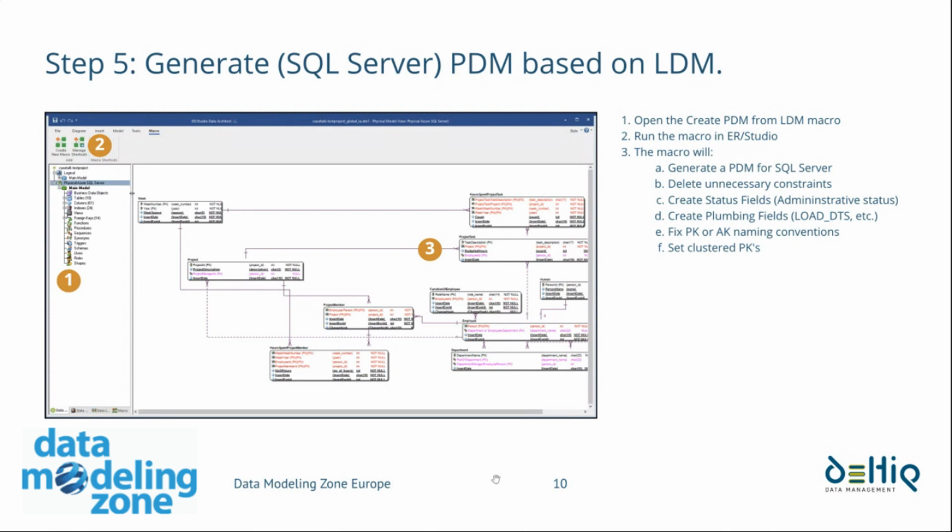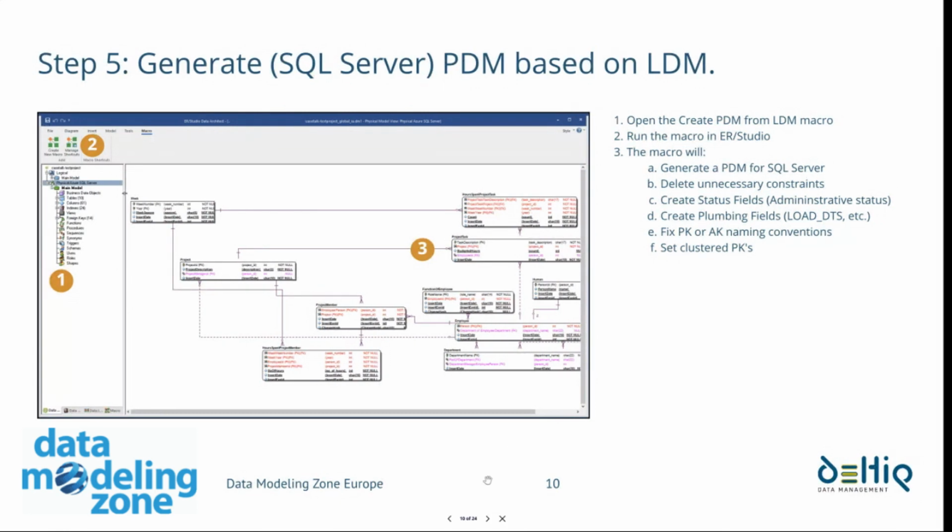We add additional plumbing fields, such as the load date timestamp fields and stuff like this. We delete some unnecessary constraints. All in all, it's set up in phased steps, and in each phase we address the concerns that are relevant in this phase.